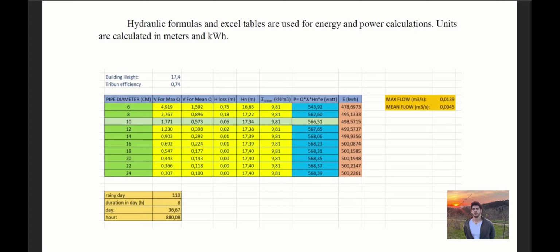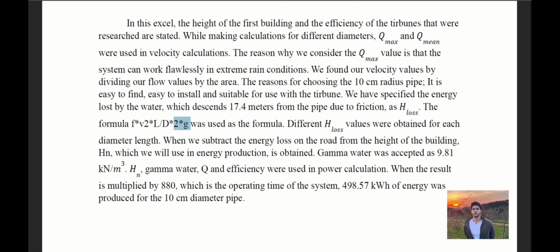V for mean Q is found by Q over the area of different diameter pipes. And then H loss is calculated by the formula that we are familiar with from hydraulics and this kind of classes here.